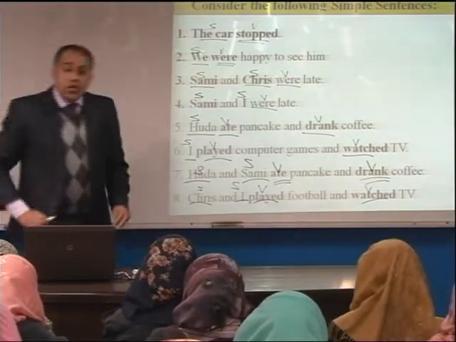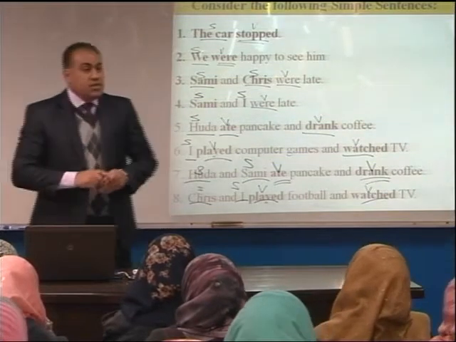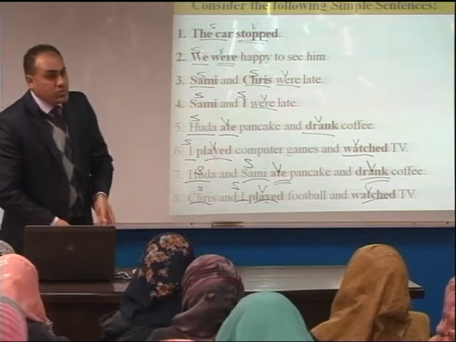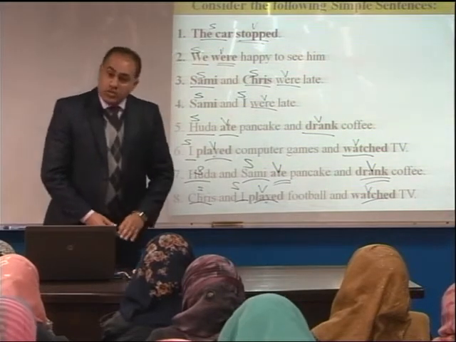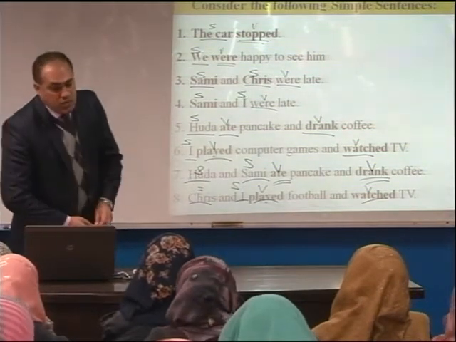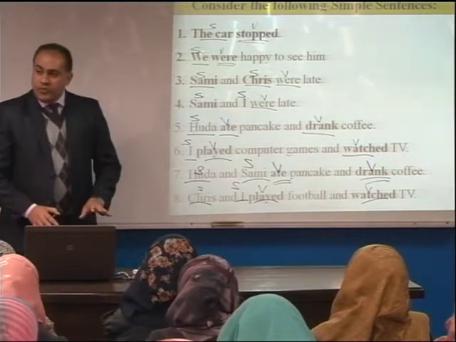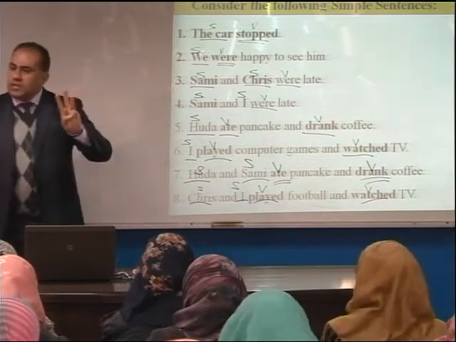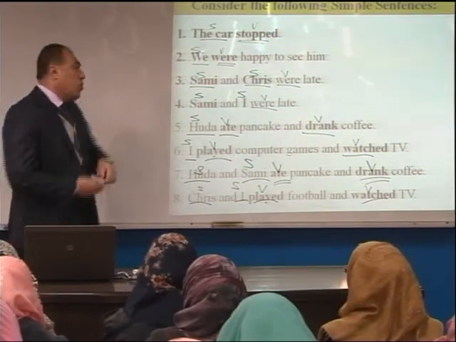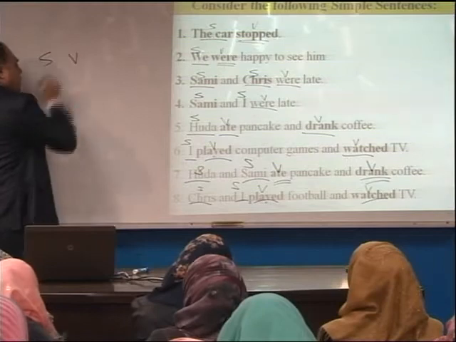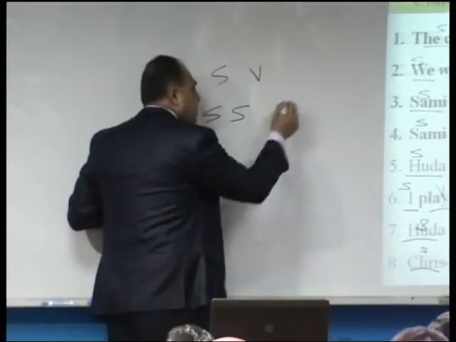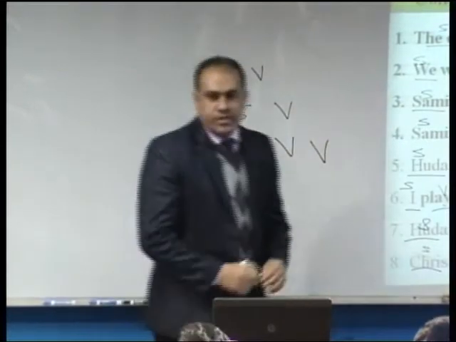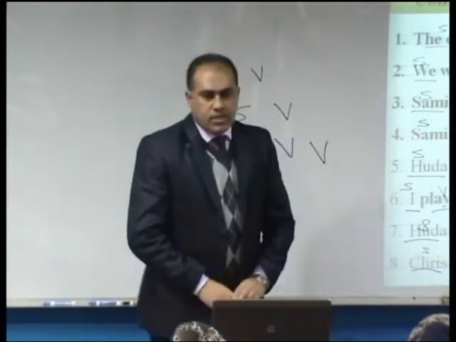So these are still called simple sentences, but we can have more than one subject, which we call a compound subject, or a sentence which has a compound verb. Is this clear? Right, what I'd like to ask you now is to write three sentences.